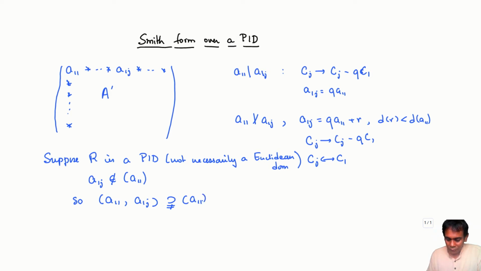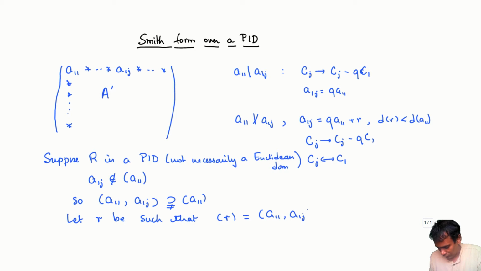On the other hand, we are working in a principal ideal ring, so this ideal is generated by a single element. So let R be such that R actually generates A11 and A1j.